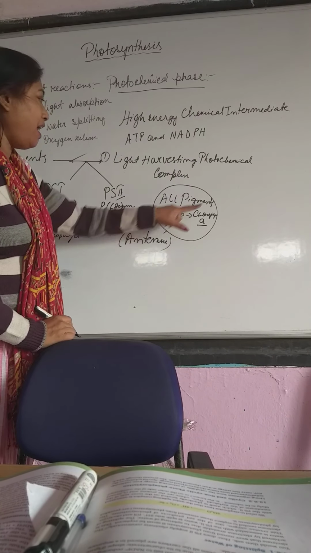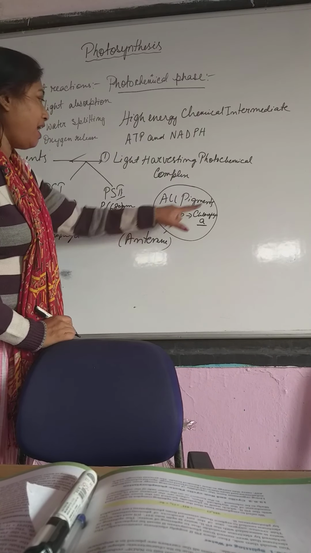Now you see the reaction centers. Firstly, the light ray comes to PS2. When the light ray comes to PS2, it absorbs the red portion of the light and gets excited. When it gets excited, it releases an electron.